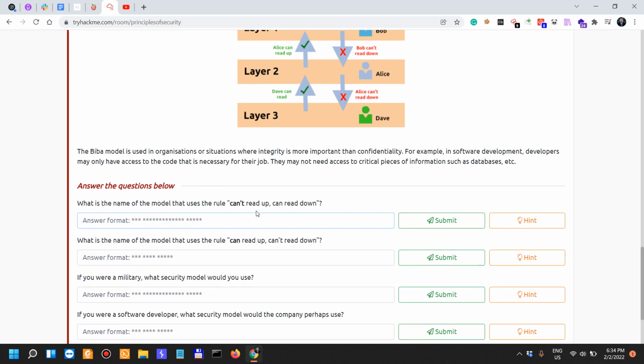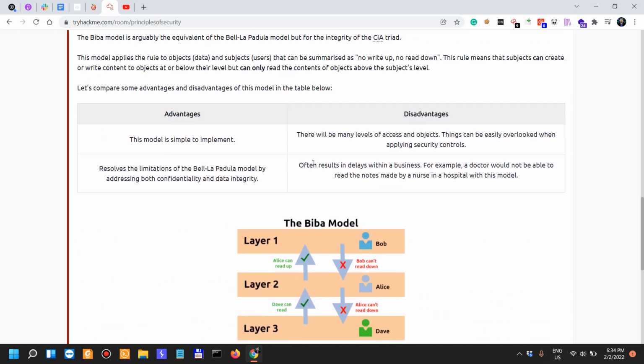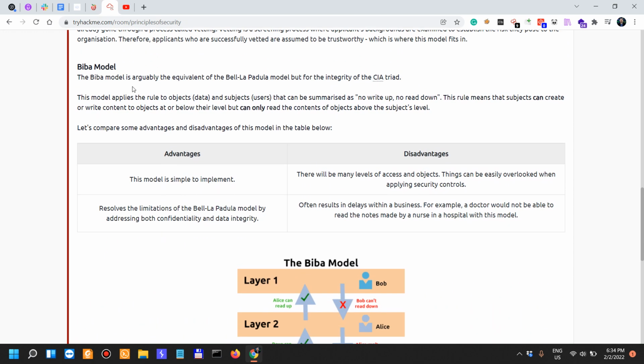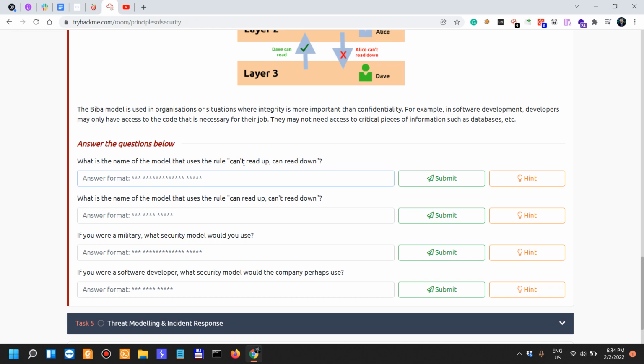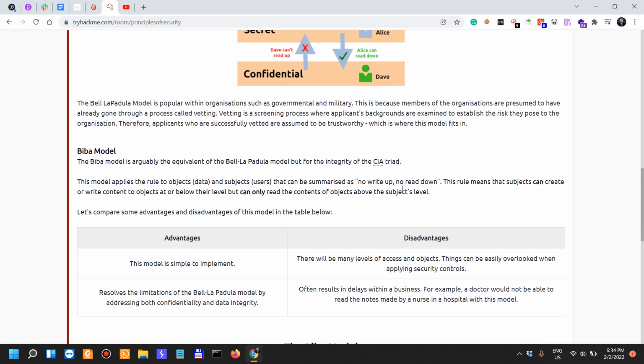Can't write up, can't read up, can read down. BIBA model. But why does it say... so the format, since this is the format, can't read up, can read down.